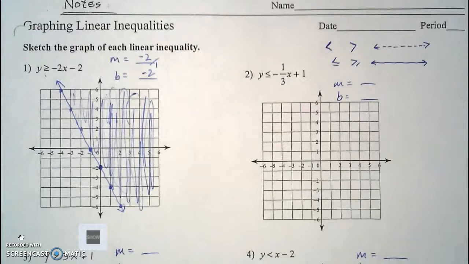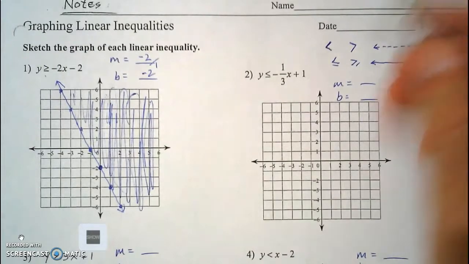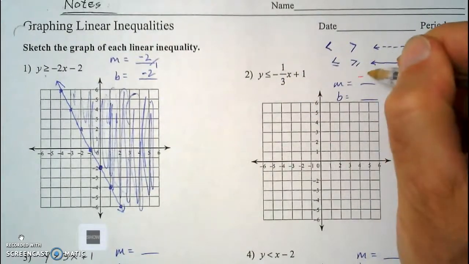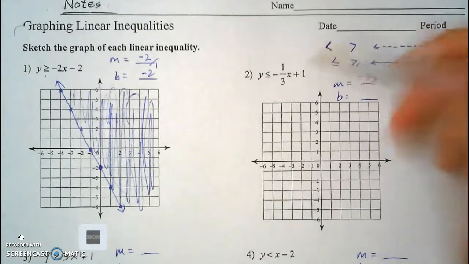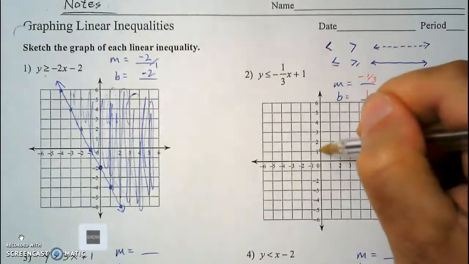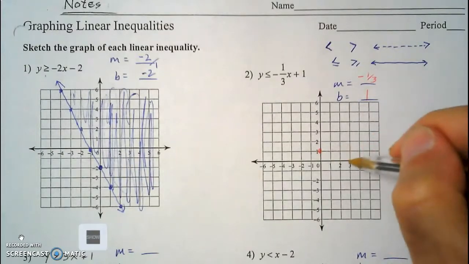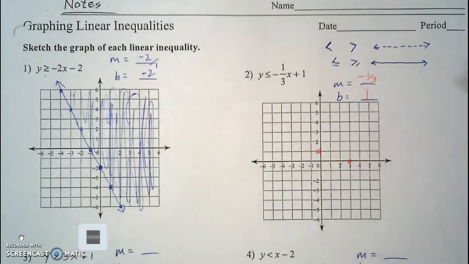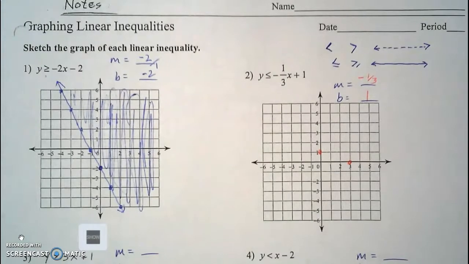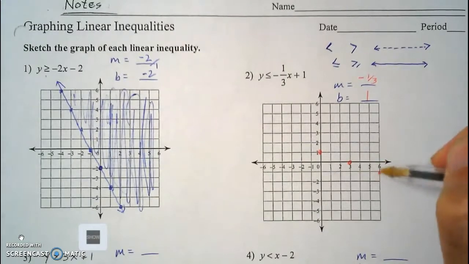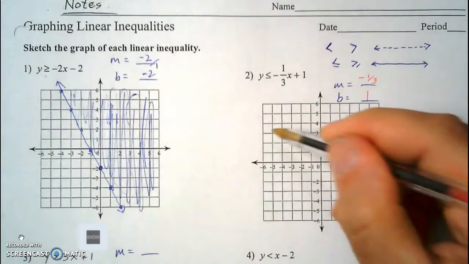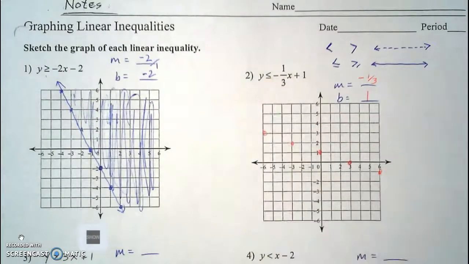Okay, so this one's very similar. The slope is -1/3. The y-intercept is 1. Go to 1. And now I'm going to go down 1, right 3. That's what that slope says. Down 1, right 3. Do that one more time on that side. Again, this will be a solid line.